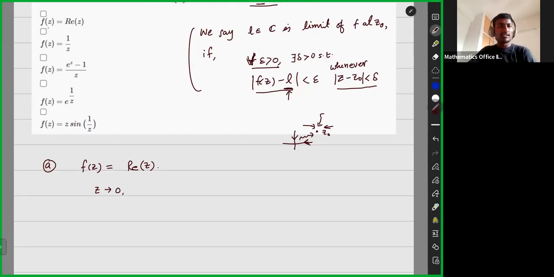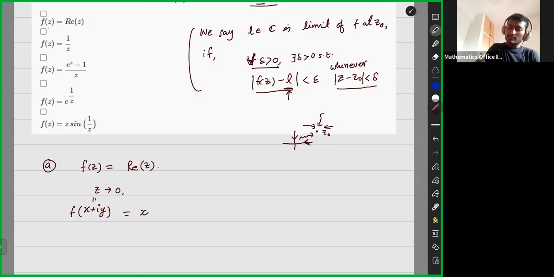The real part of z is also becoming zero, right? Because z is equal to x plus iy, and if you apply f on this, it just becomes x. We are focusing on real x.